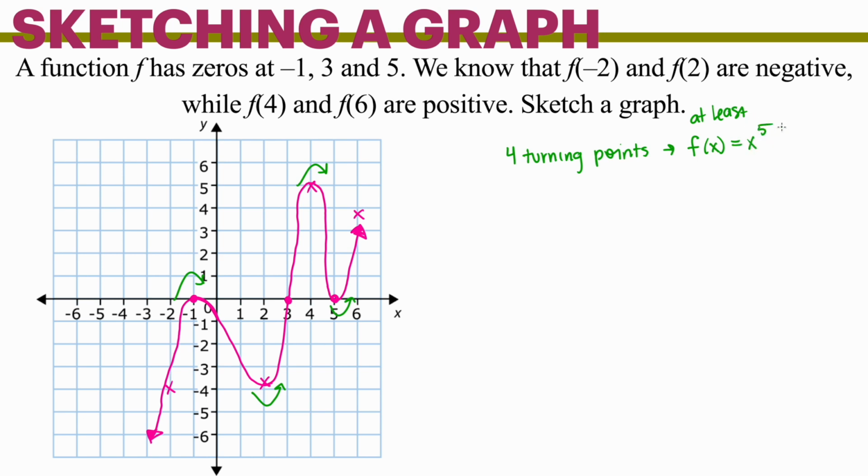It cannot be an x to the 6th because if you notice, this is an odd function, because it heads in opposite directions. So therefore, it has to be either an x to the 5th or an x to the 7th or an x to the 9th.